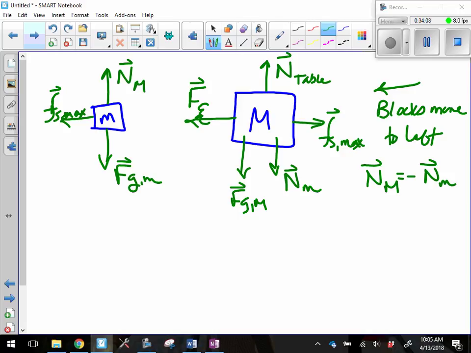Yes, because it's only touching big M. It's the friction force that's bringing little m along with big M. Okay. But because we're assuming that this friction force exists, I can assume that big M and little m are moving as one thing.